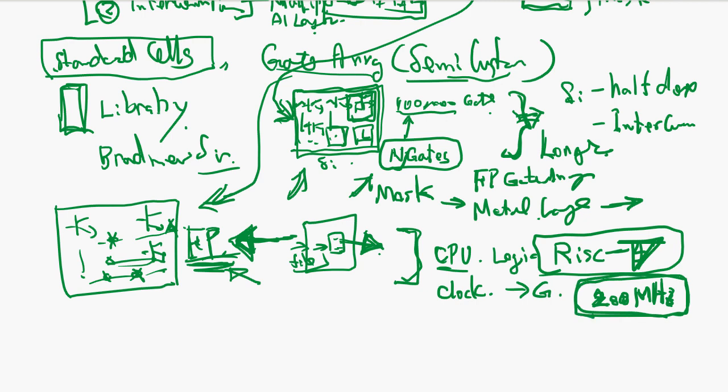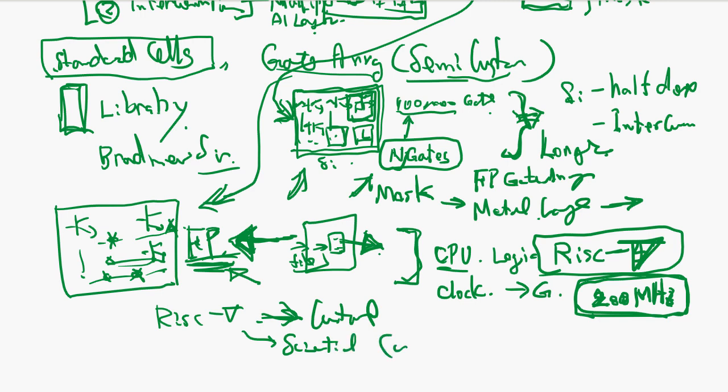I want to use RISC-V for control of something. It's not really necessary that it be fast. I'm not doing a RISC-V for scientific calculation or time-critical encoding, communication encoding, decoding.